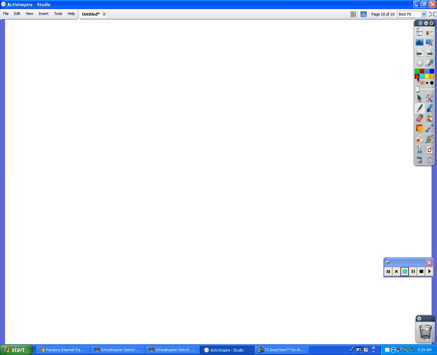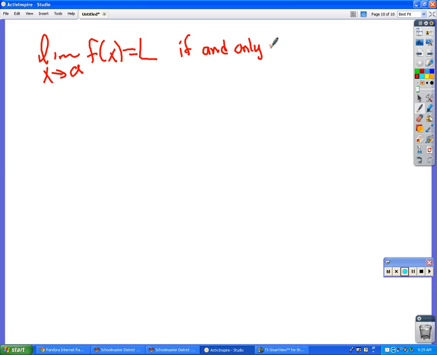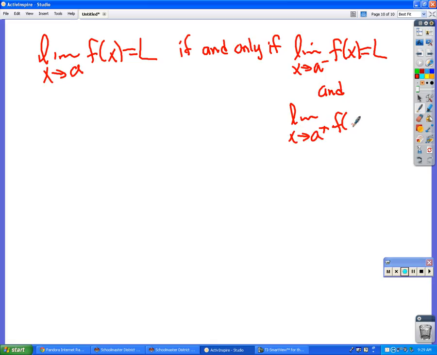So that means we can say that the limit as x approaches a of a function equals some number if and only if the limit as x approaches a from the negative side equals that number, and the limit as x approaches a from the positive side equals that number.